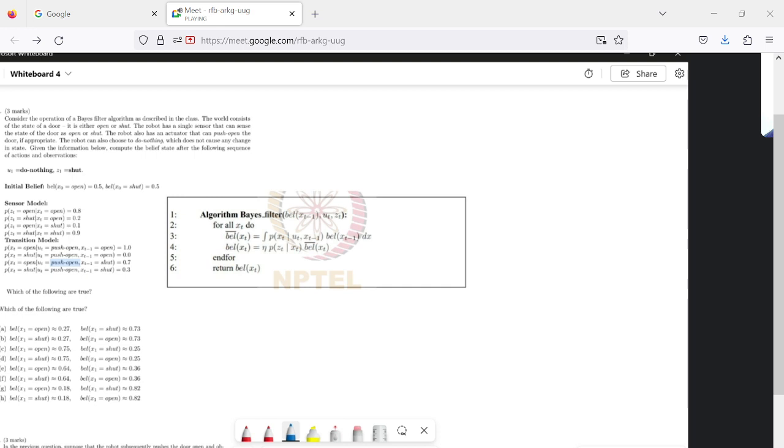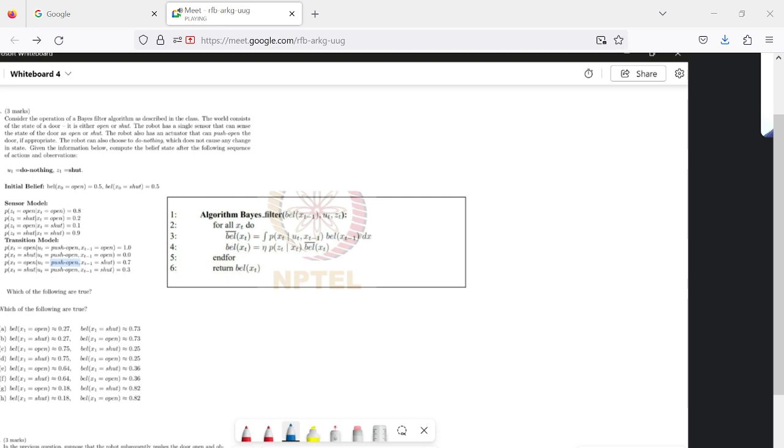We have been given that at t equal to 0, the belief is 0.5 for both open and shut, and the action that we have chosen is do nothing. And Z1 is shut, so the sensor measurement says that the door is shut.